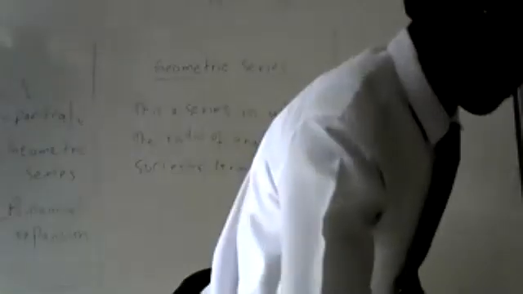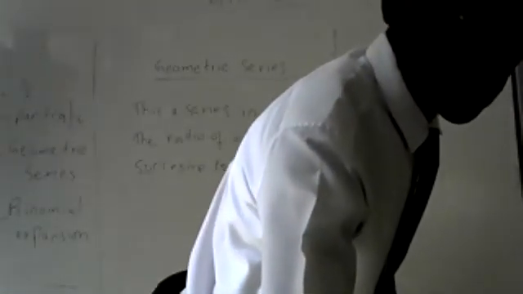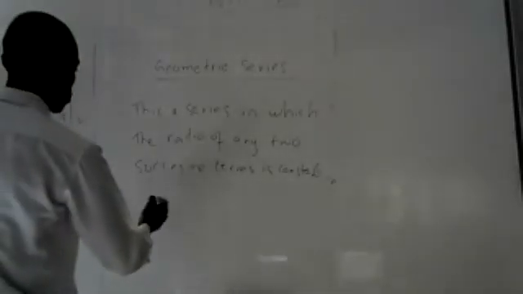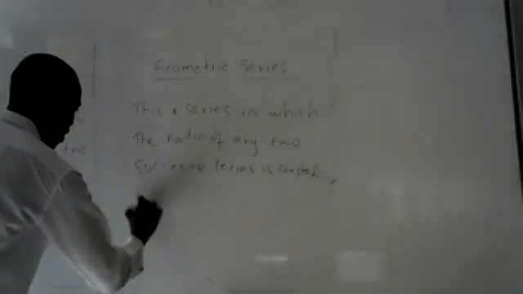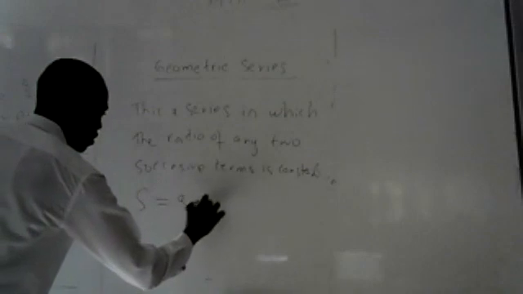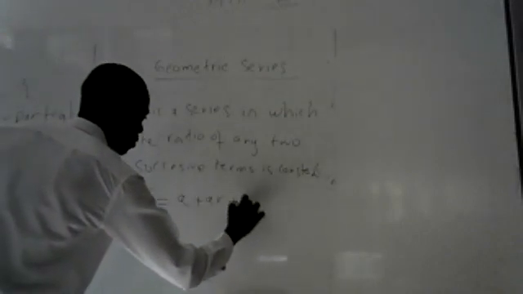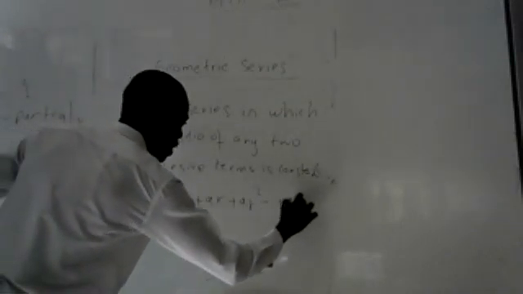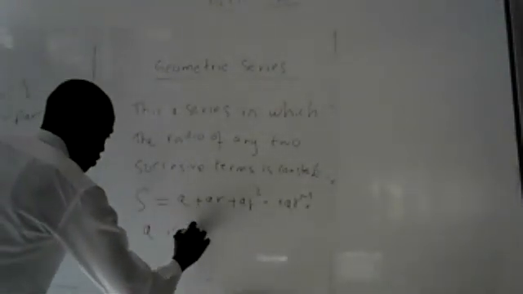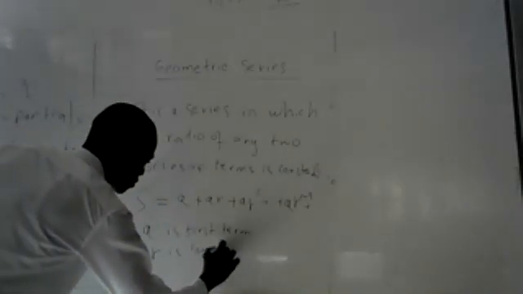It's usually a series of the form S given by a plus ar plus ar squared all the way to ar to the n minus 1. You can go on. The first term is a and r is the ratio.